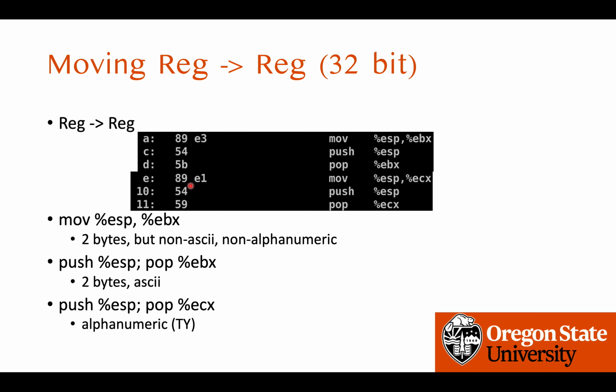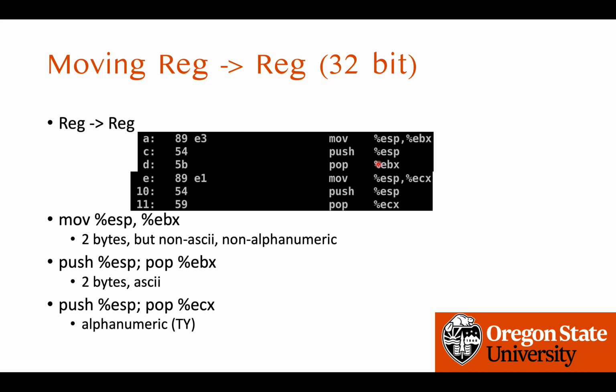Another way is to use the stack as temporary storage and use that to move the value to the register. One way is push ESP and pop EBX. The effect is equivalent to moving the value of ESP to EBX, but check out the opcodes: 54 and 5B are ASCII values.